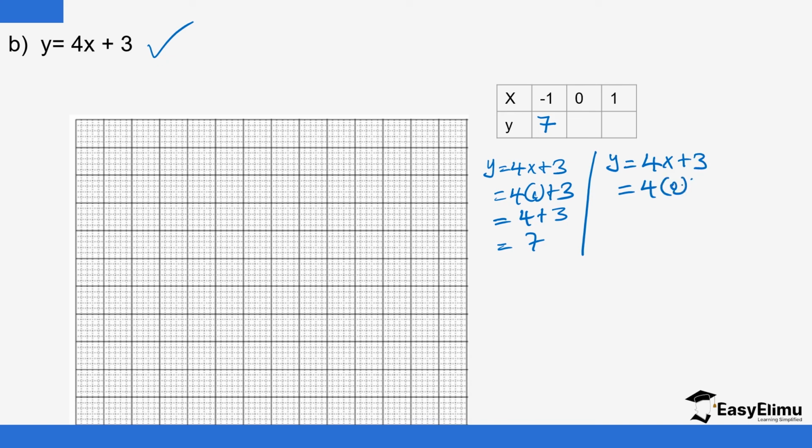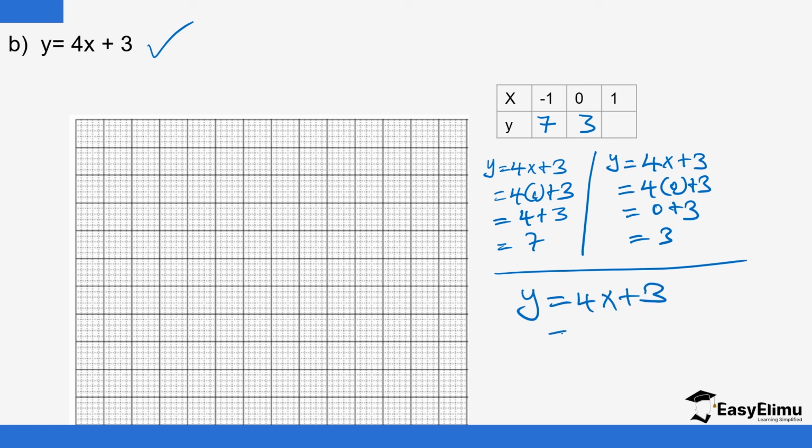So 4 into 0 plus 3, which is equal to 0 plus 3, which is equal to 3. So this is 3. And finally, we have y is equal to 4x plus 3, but x is 1. So 4 into 1 plus 3, that is equal to 4 plus 3, which is equal to 7.